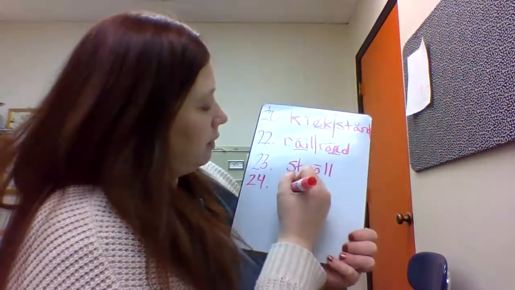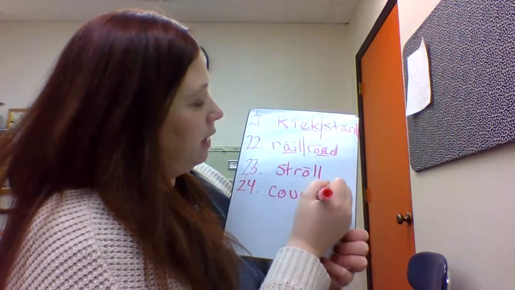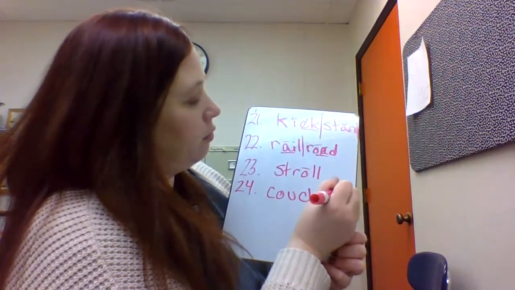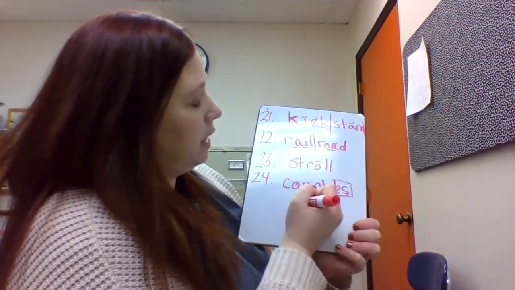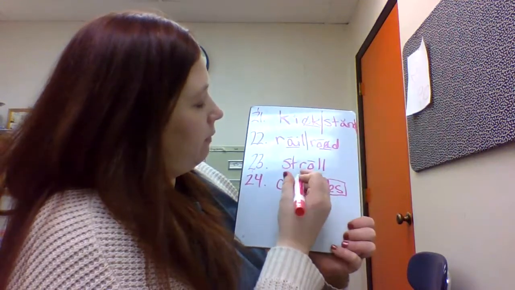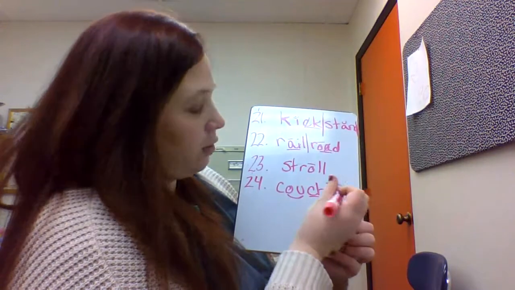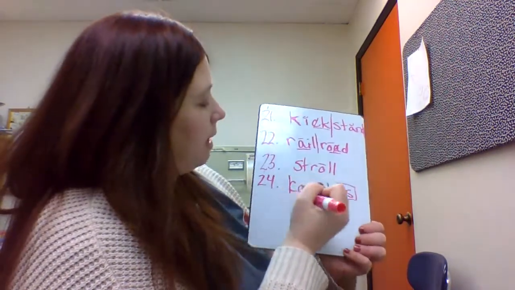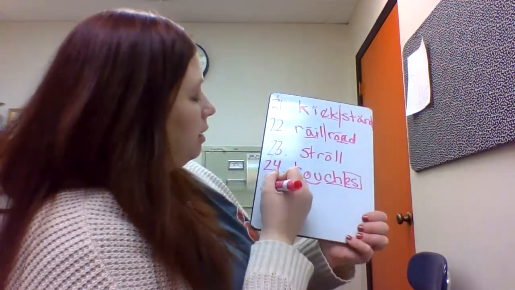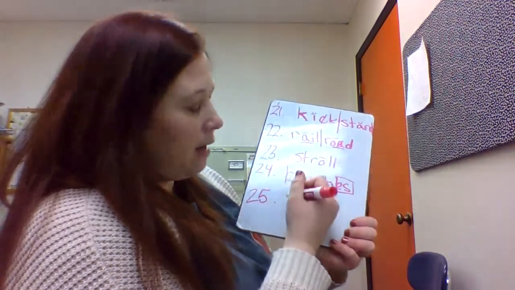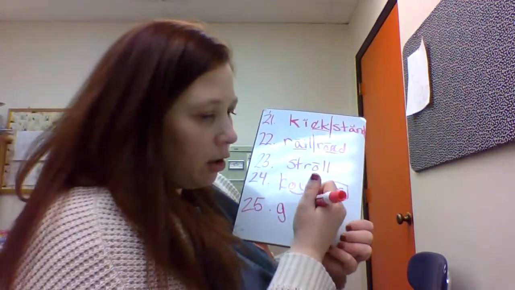24, couches. We have our ES suffix. We're going to box off. We have our CH digraph and our OU diphthong. And then our C gets a K back because it makes that K sound at the beginning. 25, last is garments.